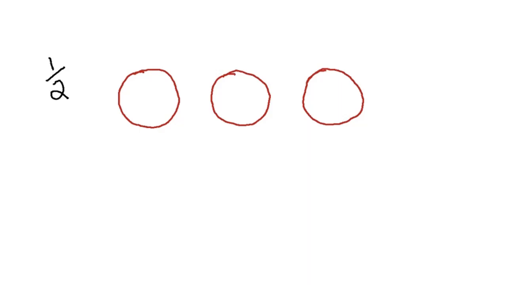So 1/2. What does that mean, 1/2? If I have 1/2 of a pizza, let's look at this first pizza right here. I'm going to divide this into half. So we have half of a pizza right here. So let's divide all of these pizzas into halves.